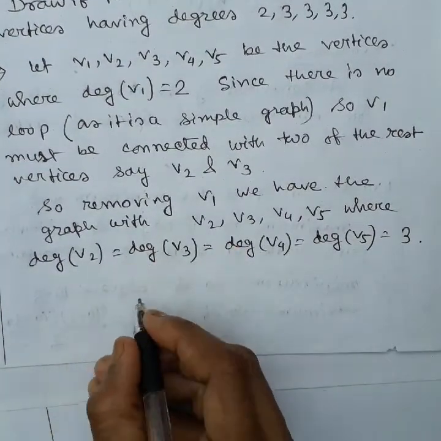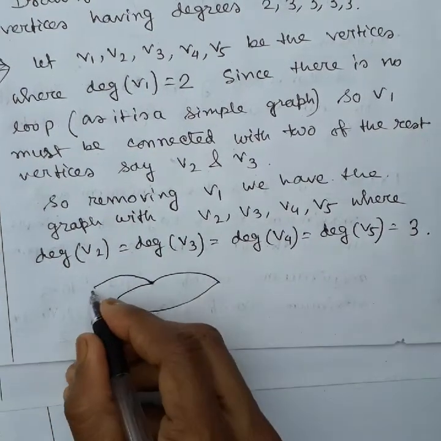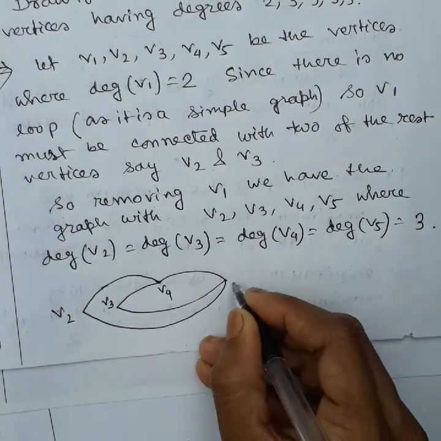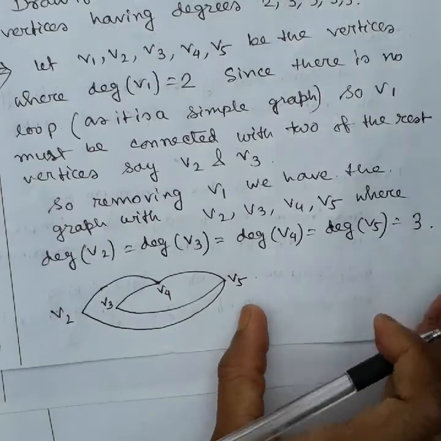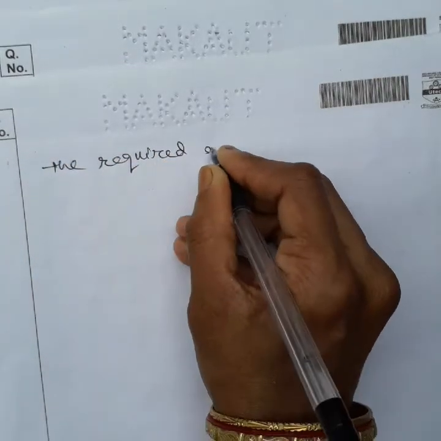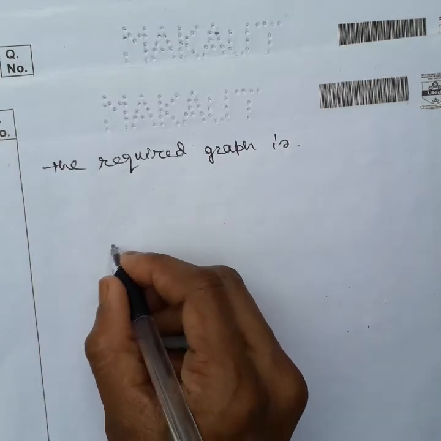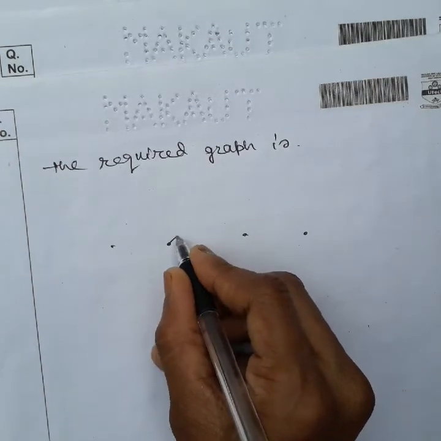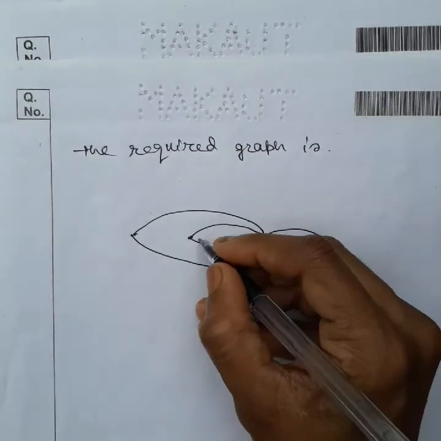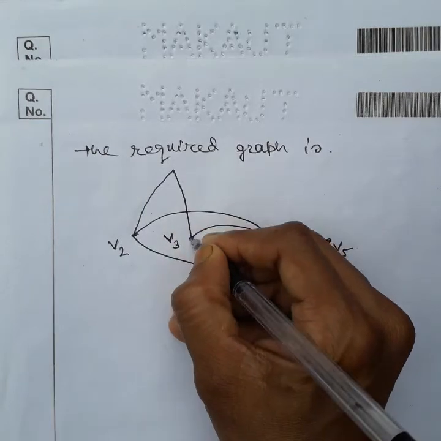So it can be drawn here. Okay, this way, that means the required graph is V2, V3, V4, V5, and V1.